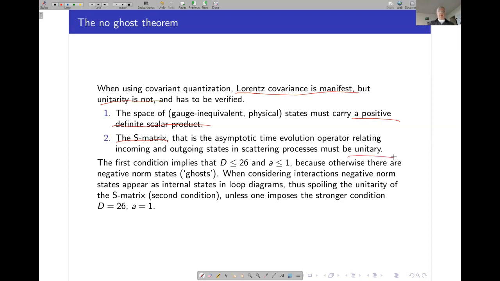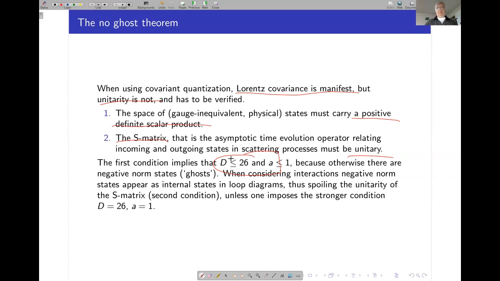So that is a fundamental requirement in quantum mechanics. Time evolution is unitary. The first condition, that we have a positive definite scalar product, can be shown to imply that there's an upper bound for the dimension d, which is 26, and an upper bound for the shift in the vacuum energy, which is a.